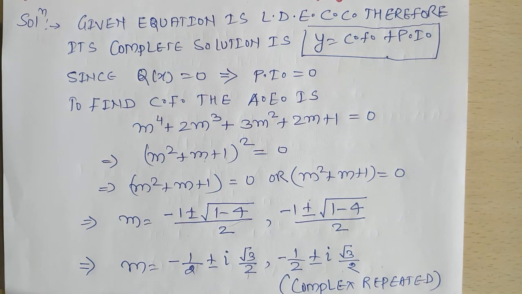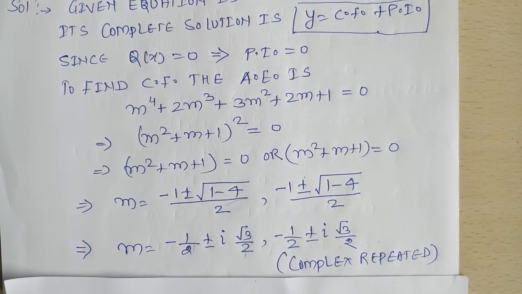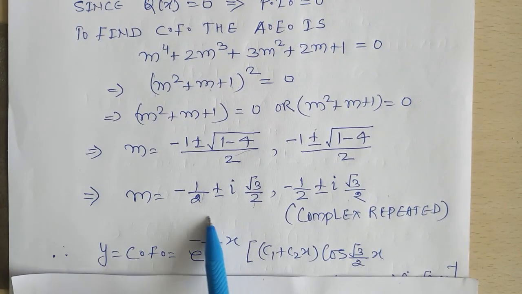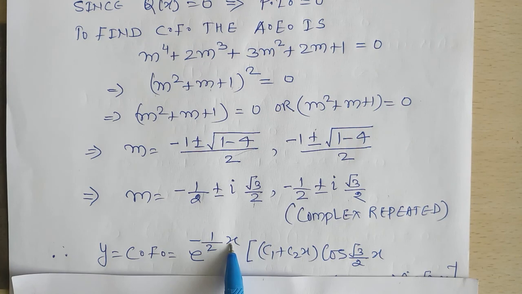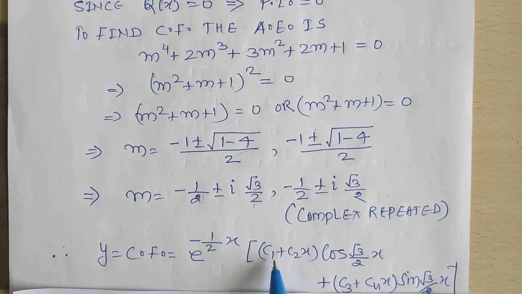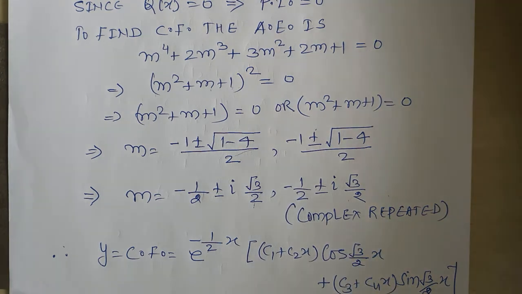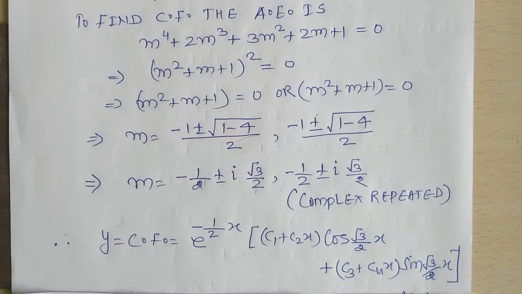So in case of complex repeated roots, CF is given by e power alpha x, alpha is minus 1 by 2, so e power minus x by 2, into C1 plus C2 x for repeated roots, C1 plus C2 x cos beta x, beta is root 3 by 2, plus C3 plus C4 x sin beta x, so beta is root 3 by 2 x.